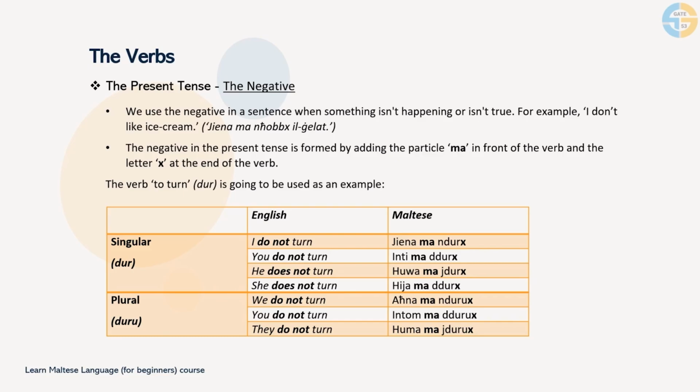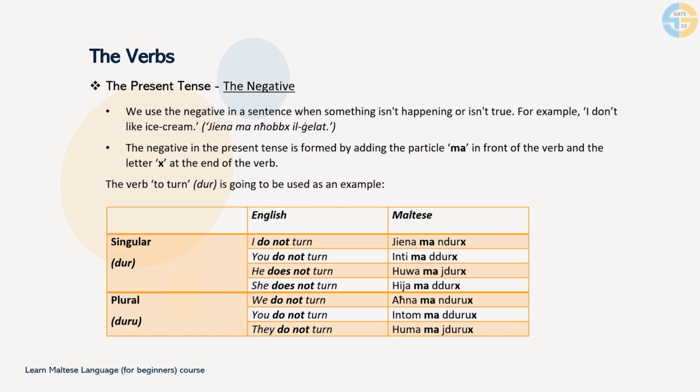And now, to form the negative, we added the ma in front of the verb and the x at the end of the verb.